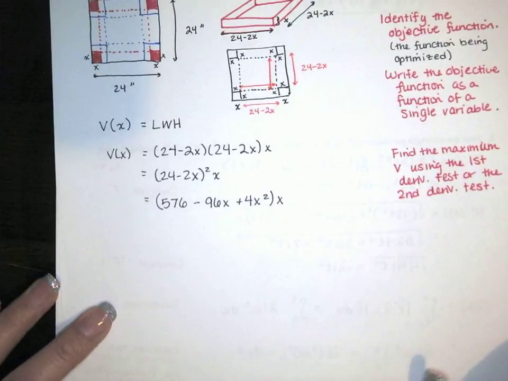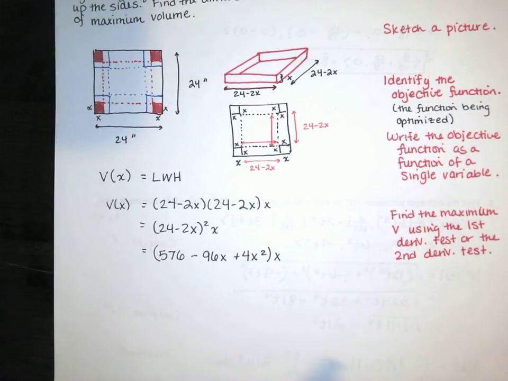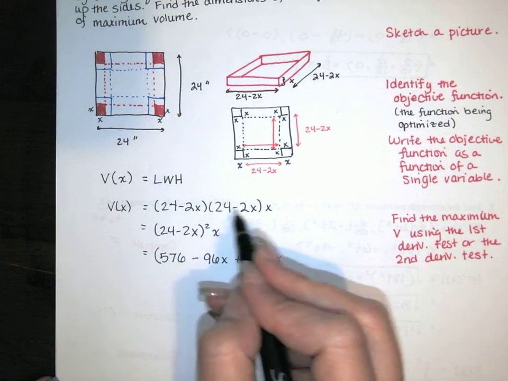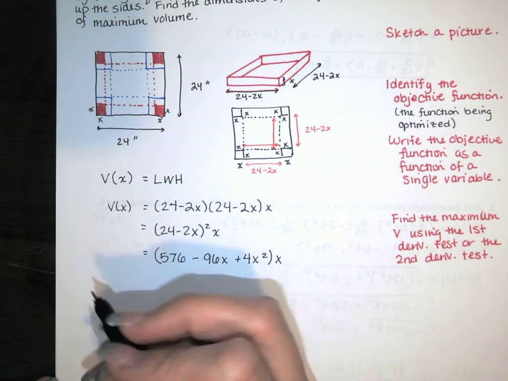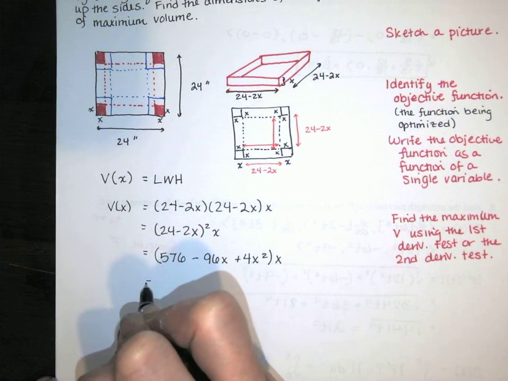I guess I could have factored out a 2 from both of those, 2 from this and 2 from this. So all this is divisible by 4. That's okay. And then we'll distribute the x in.